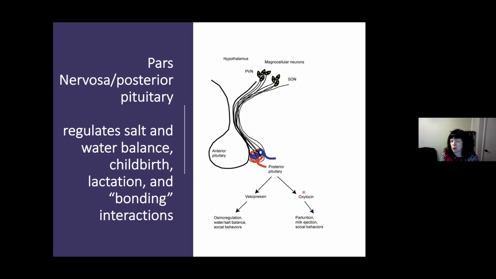And if you don't have oxytocin, you could produce milk, but you cannot lactate. So you absolutely need it to eject the milk. And mothers who have had a baby will call this milk letdown. You can actually feel it. And so basically all of that is due to oxytocin.